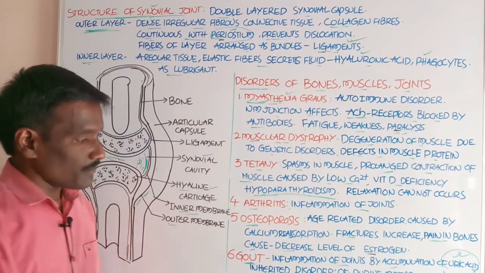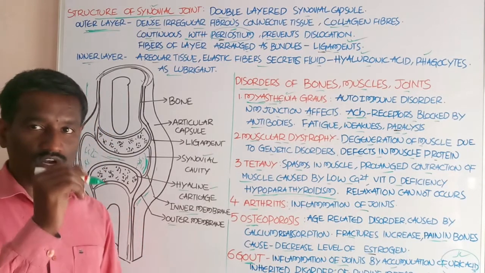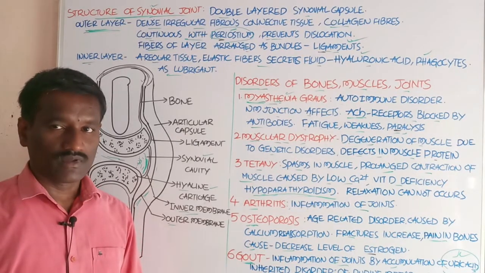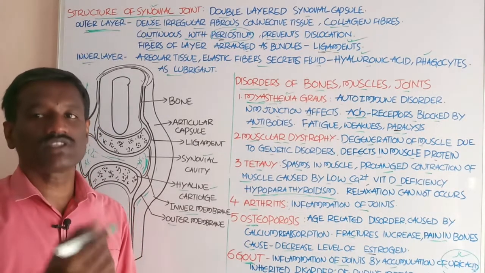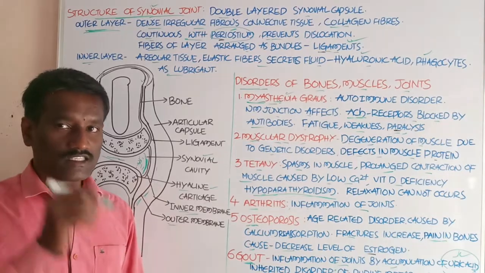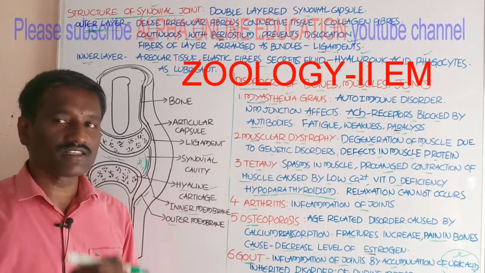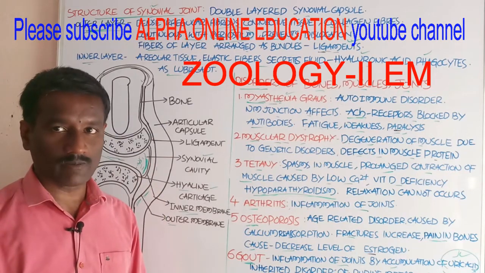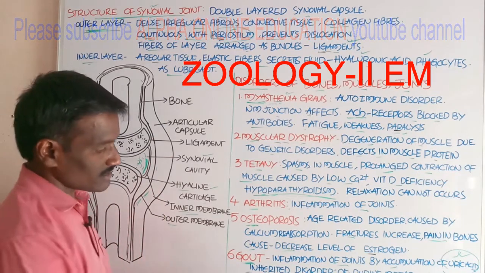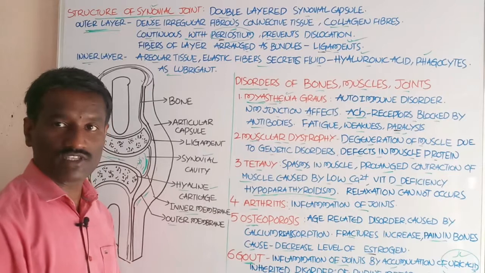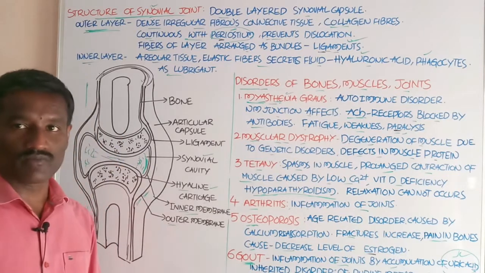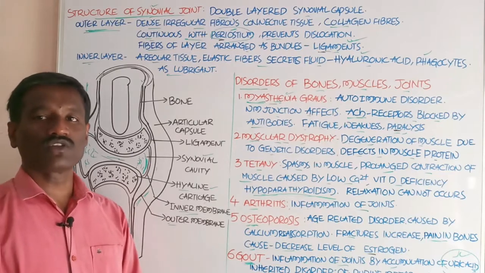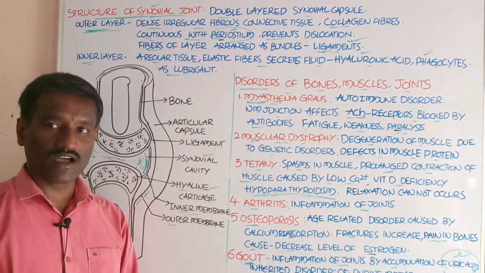By purine metabolism, which produces uric acid crystals. These uric acid crystals are accumulated in the synovial joints. Okay student, that causes the inflammation of the joint called gout. These are the different types of disorders of the bones, joints and muscles.